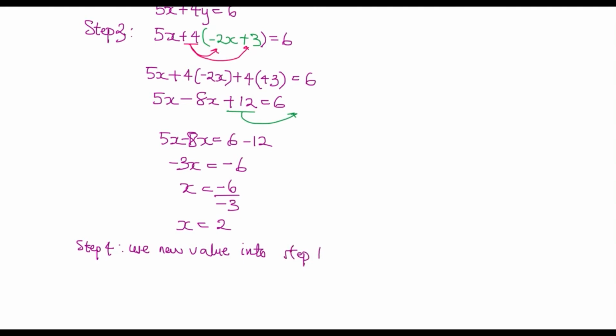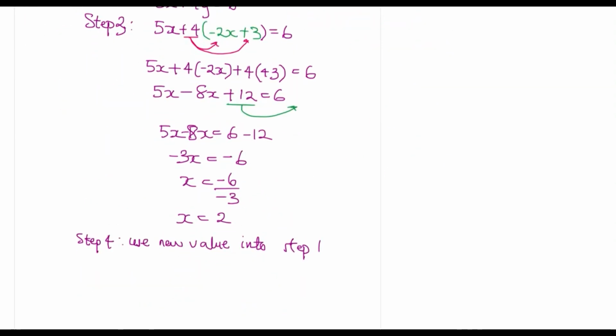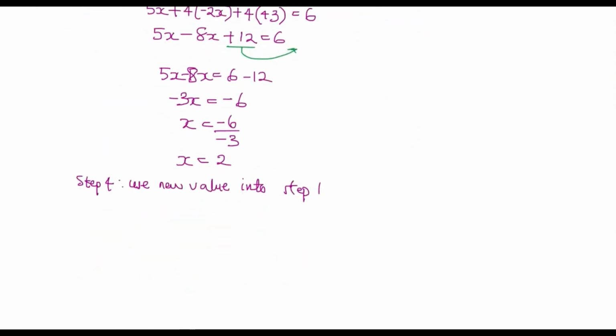So in here, looking at the equations, we're going to pick equation 1. Equation 1 says that y, after solving for y, is equal to -2x plus 3.